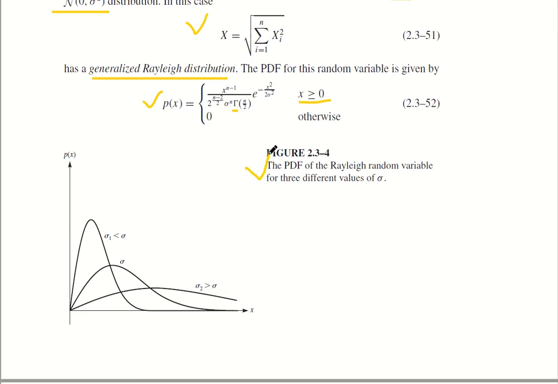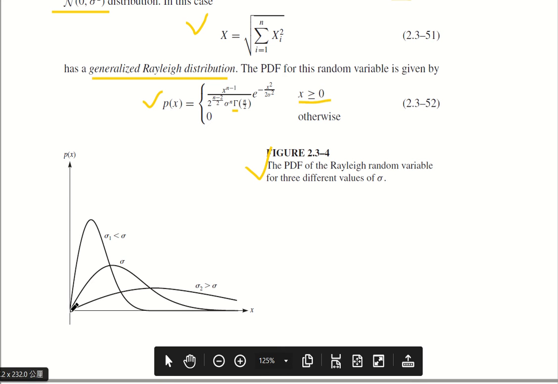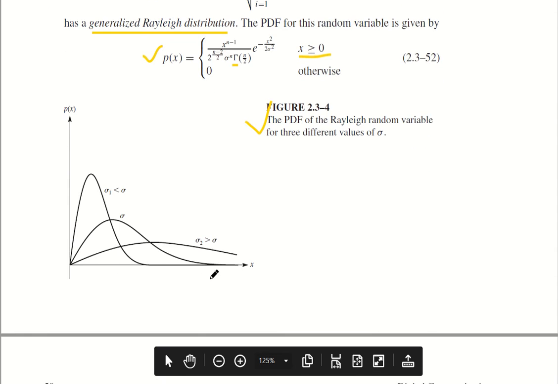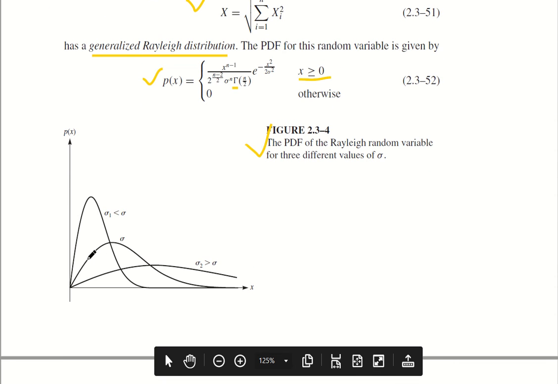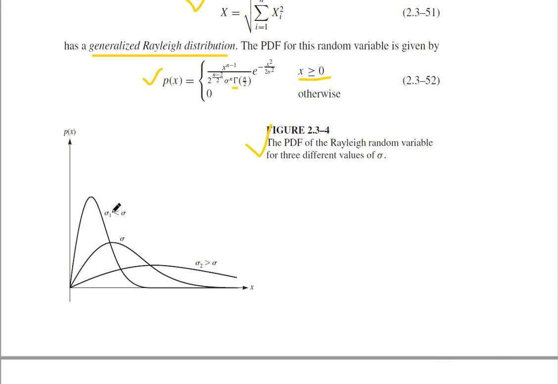So let's take a look at the PDF. We have a distribution like this, with different values of sigma. What does it mean for smaller sigma?